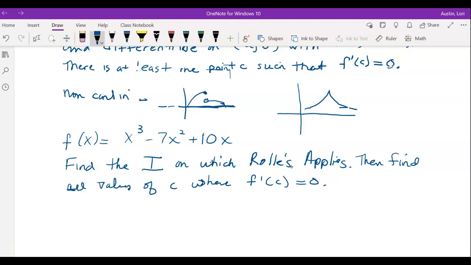You can try other things, like setting your function equal to 1, or 2, or anything you want, and then you get all the x values that make that happen. But the easiest thing to set it equal to is 0. So we're going to find all values of x such that this function equals 0. So our function is x cubed.